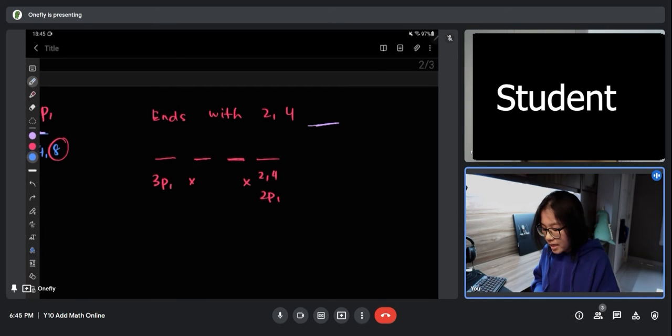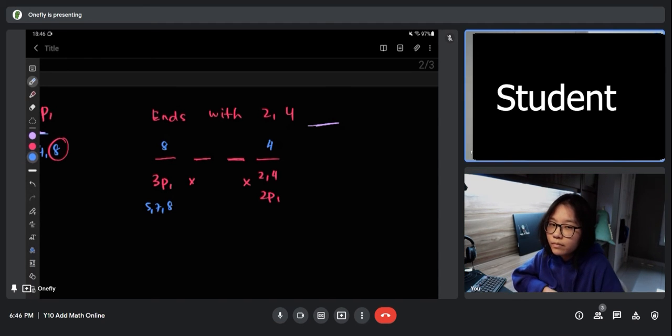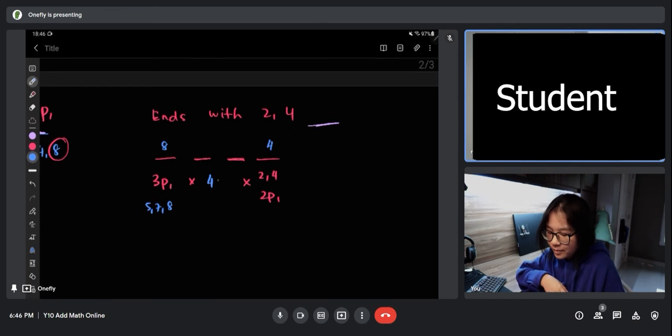If I choose here, let's say I choose one number 4, I pick one already. Here I choose 8, because here I have 5, 7, and 8. How many do I have left for the middle two numbers? 4, then 4P2.